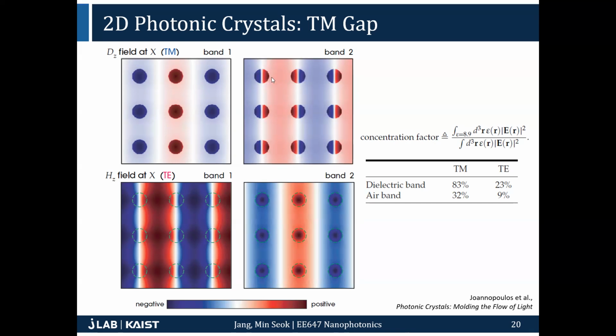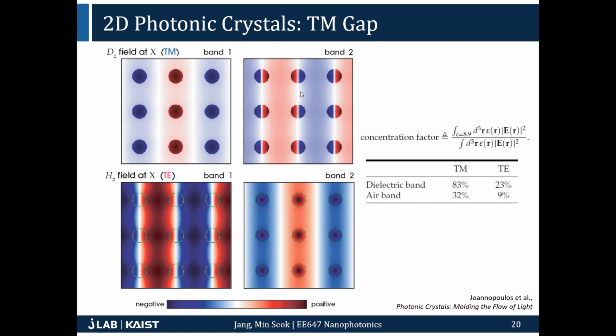And of course, because they have a high index contrast, if you actually measure the D field, it is highest in the cylinder. But anyway, if you calculate the concentration factor, which is defined as the energy confined in the high index medium versus the total energy, for TM polarization, band 1, the dielectric band, has a concentration factor of 83%, which means 83% of the electric energy is confined in the cylinder.